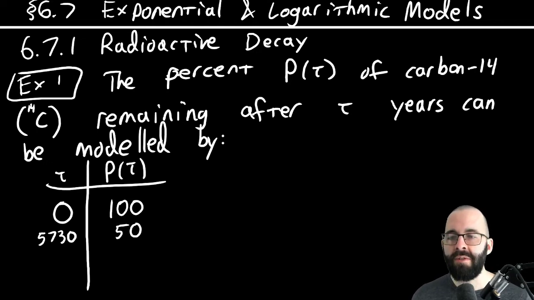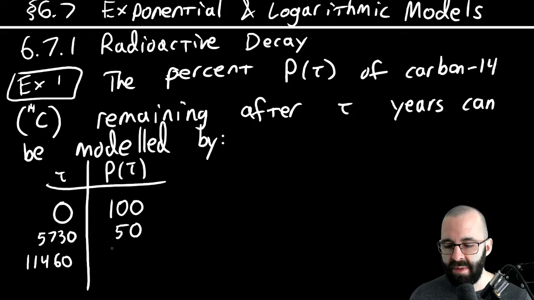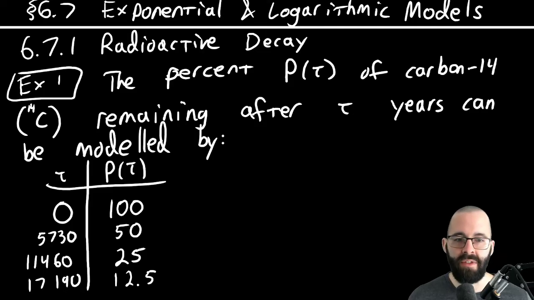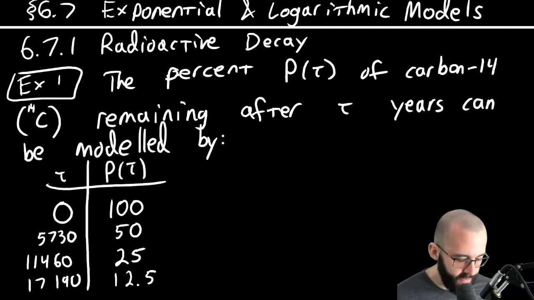And after another 5,730 years, so that's going to be 11,460, the problem is telling us that we now have 25%. After another 5,730 years, this is 17,190 years in the future, 12.5% is remaining. This is radioactive decay, okay?